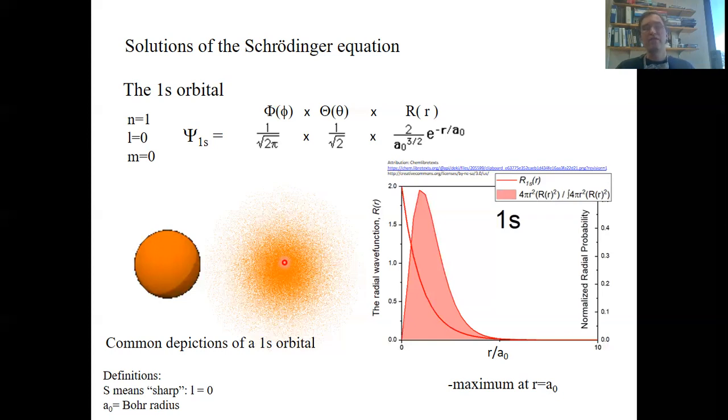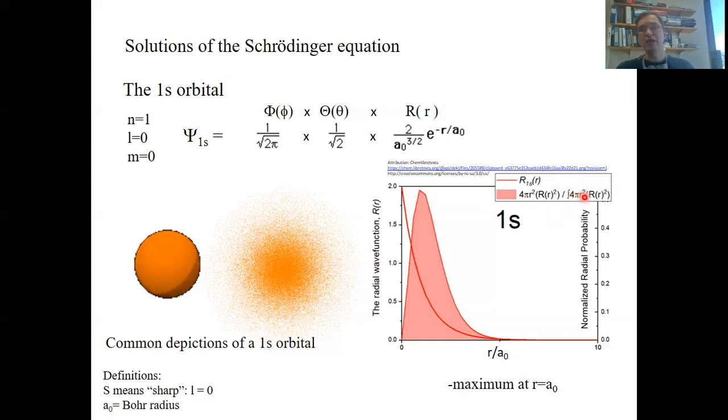Okay, and therefore, in order to get the probability to find the electron at a particular distance from the nucleus, you need to multiply the square of the radial function with the formula of the surface of a sphere. Okay, and this formula for the surface of a sphere is 4 pi r squared.